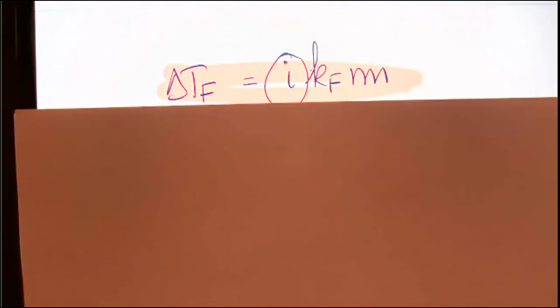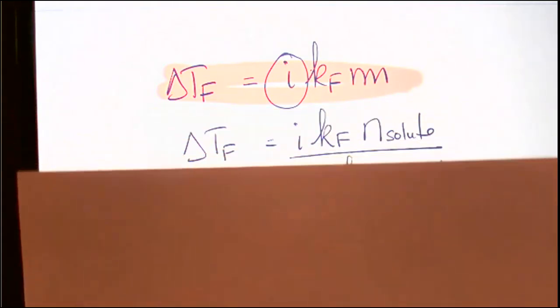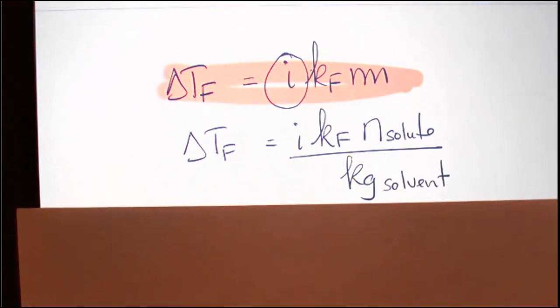Write molality as moles of solute over kg of solvent. Very good. So the change in freezing point can be rewritten as the Van't Hoff factor times Kf. Molality is, as Hisham just said, moles of your solute divided by kilograms of your solvent.